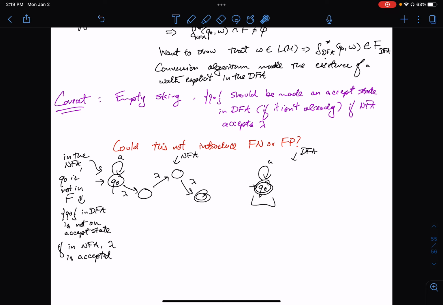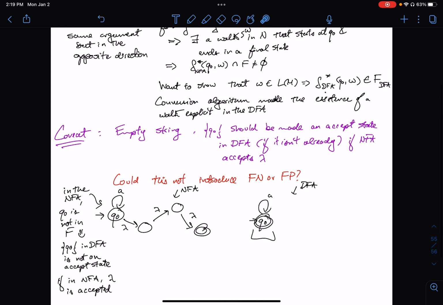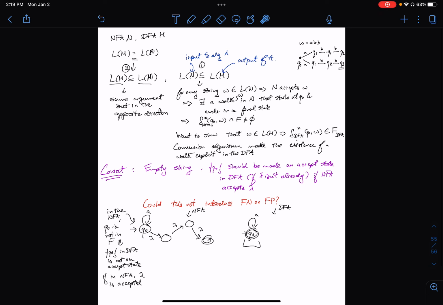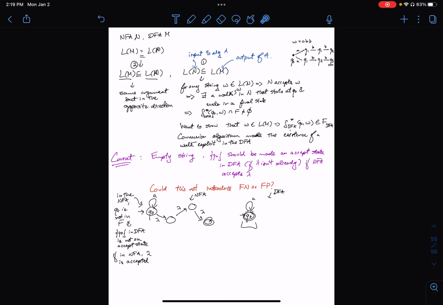Okay, excellent. That's just a small note about the caveat about the empty string, but in general, this is the high level paintbrush strokes for proving the correctness of the conversion algorithm.